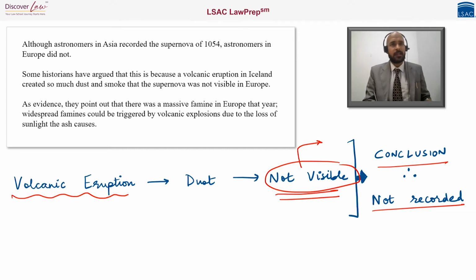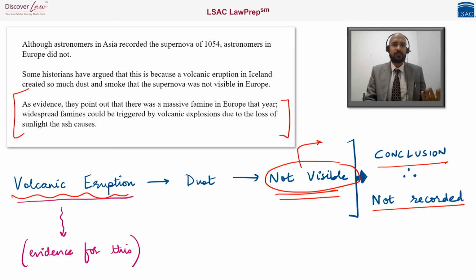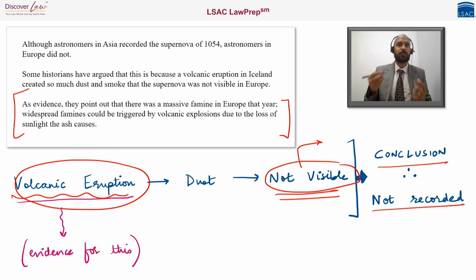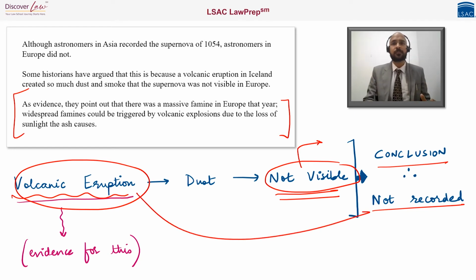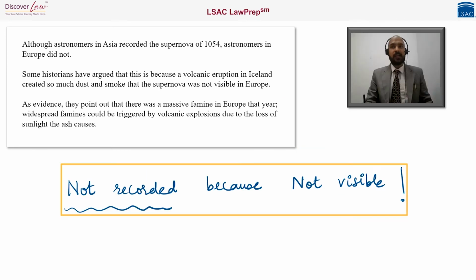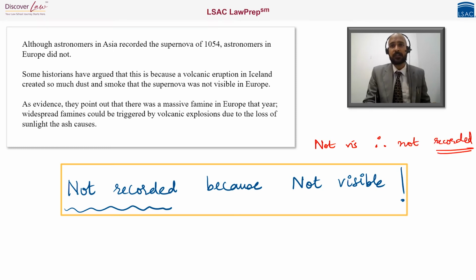Like I said, the evidence here is just a line that gives you evidence for the fact that the volcanic eruption resulted in this. As far as the argument is concerned, the thing that is material is that it was not recorded because it was not visible, which means not visible, therefore not recorded. Okay, this is what the argument is.